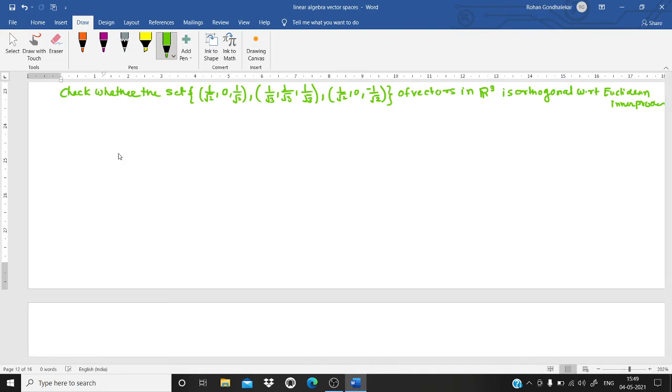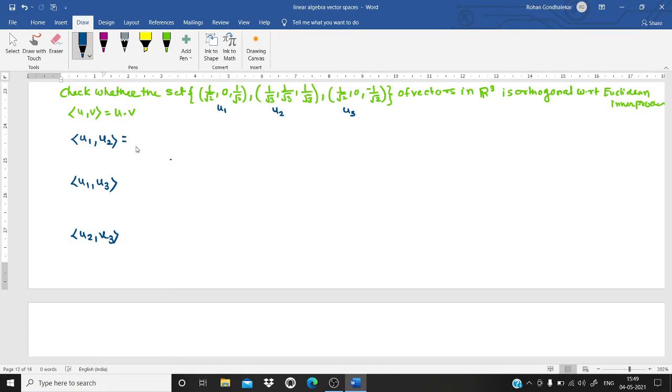What is the Euclidean inner product? If we have two vectors u, v, then the inner product will be u dot v. Are you clear with this? Now we have to check whether this set is orthogonal. If I call these vectors u1, u2 and u3, we have to show that the inner product of u1 with u2, u1 with u3, and u2 with u3, all these three inner products are zero.